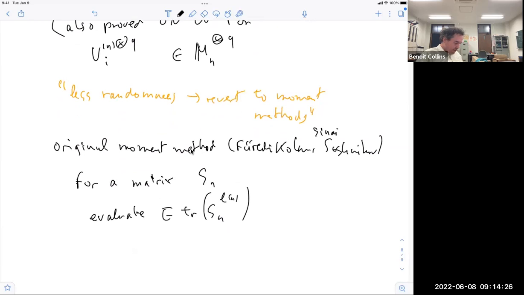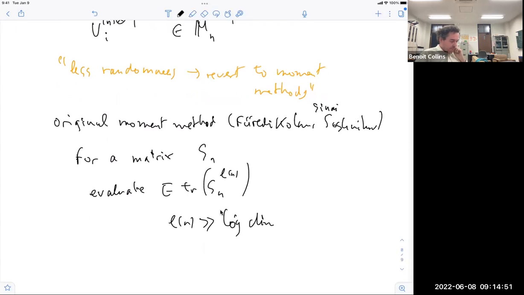And the thing is that if L of n is strictly bigger than the log of the dimension in which the matrix lives, then this will detect the largest eigenvalue.